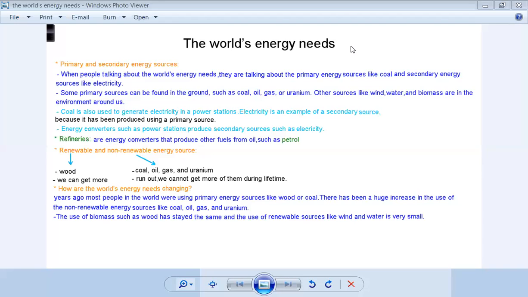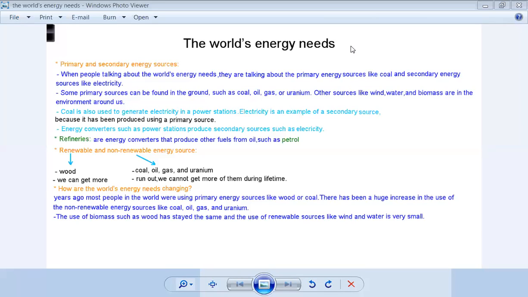Some primary sources can be found in the ground, such as oil, gas, and uranium. Uranium, they call it nuclear. We studied about it in the photo extraction lesson. And other sources like wind, water, and biomass.